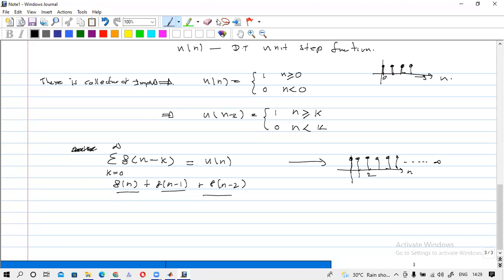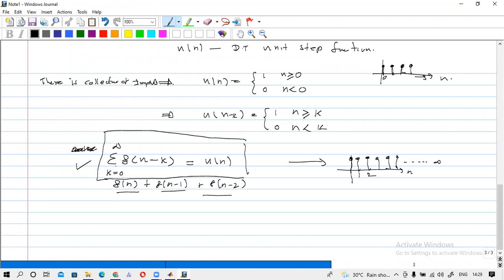This is very important because we are going to use it to plot our unit step using the shifted delta function, using the impulses. So please note this also.